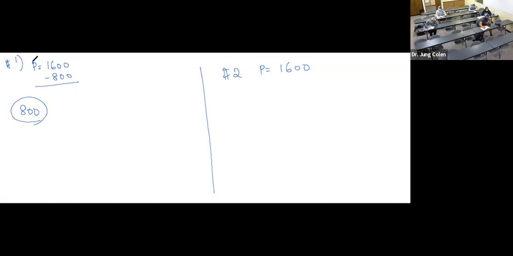So that is not the principal. This is a principal. It's a new principal now because we are not thinking about paying back $1,600, but we are looking at the interest rate. So $800 is your new principal. Do you agree? Okay.